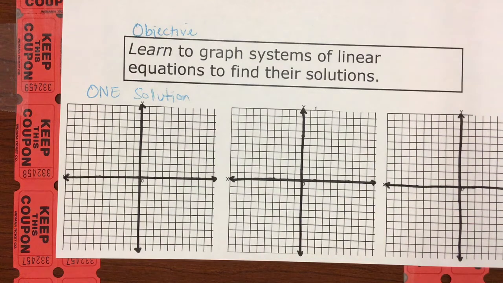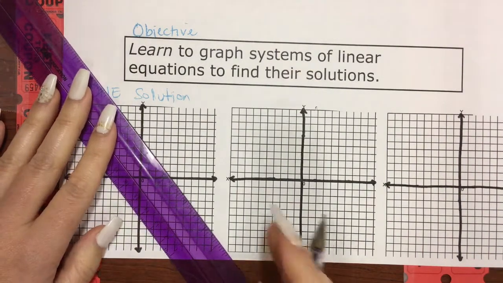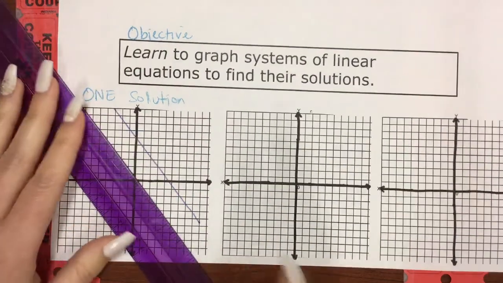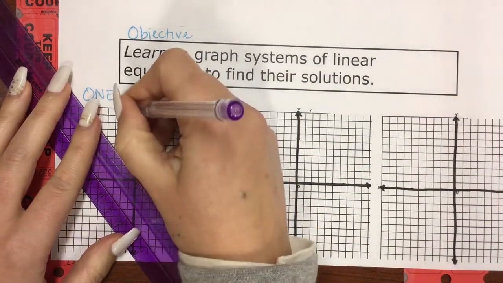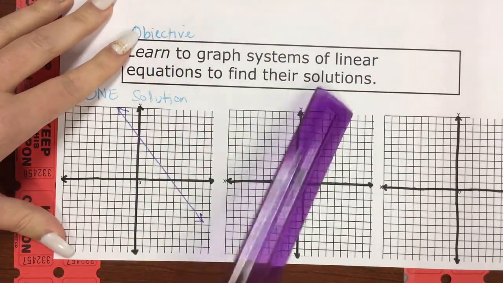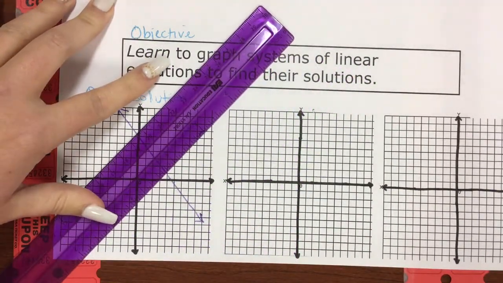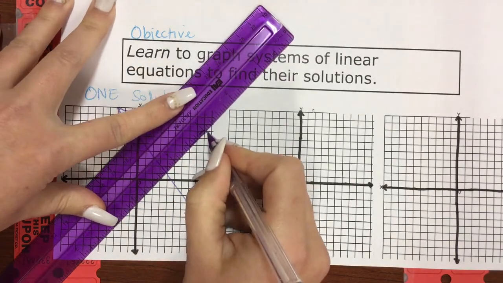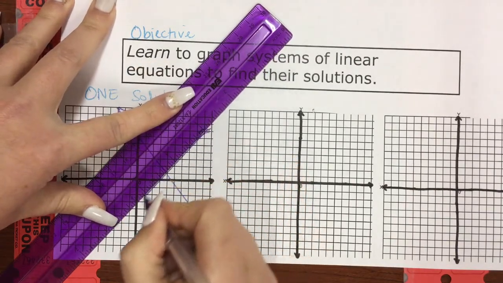And if you have something with one solution, it's going to look like you're graphing a line here. Okay, that's one line. And then you're going to graph another line, just like this.